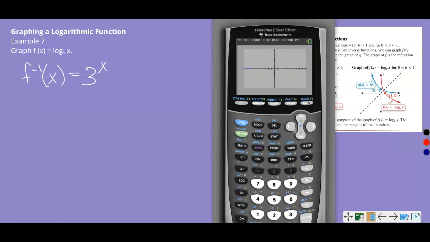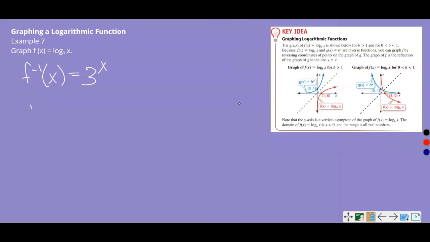So when you hit graph, it's going to graph the same thing as my calculator did when I used the other button under the math log base button. So again, that is your change of base formula. You will see that change of base. I don't know if we've done this yet, but you will see it soon.